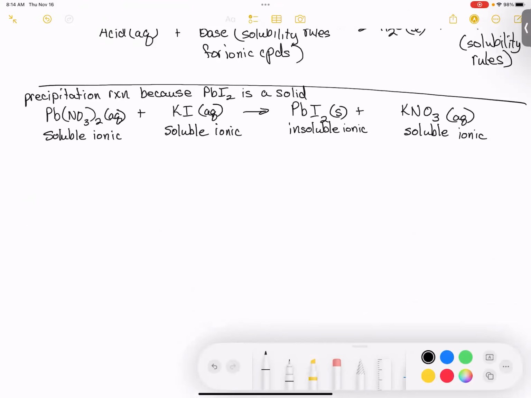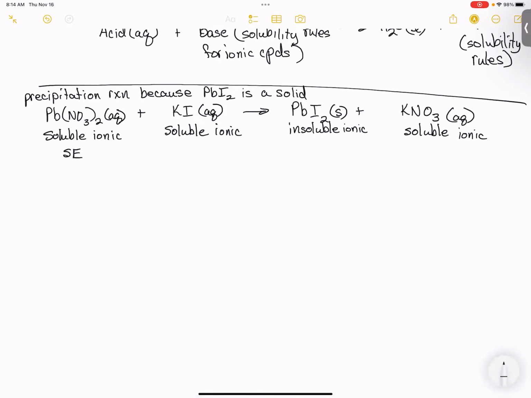Lead nitrate, because it is a soluble ionic, is a strong electrolyte. Potassium iodide, because it is soluble ionic, is a strong electrolyte. Potassium nitrate, because it's soluble ionic, is a strong electrolyte. But the lead iodide, because it is an insoluble ionic compound, is a weak electrolyte.